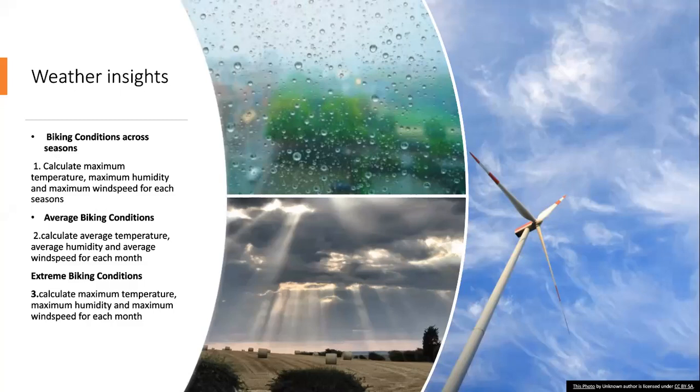He was asking, can you give me the climatic conditions across all the seasons in India? We are trying to find out the extreme conditions in India, if he wants to go with a bike.